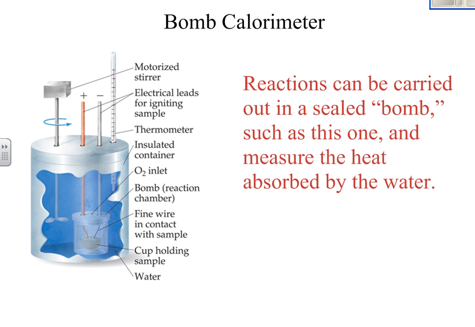For more precise measurements, we can use a bomb calorimeter. Bomb calorimeters are constant volume calorimeters, as you can see over here on the left. They measure, in a more precise way, the heat that's absorbed by the water around the system.